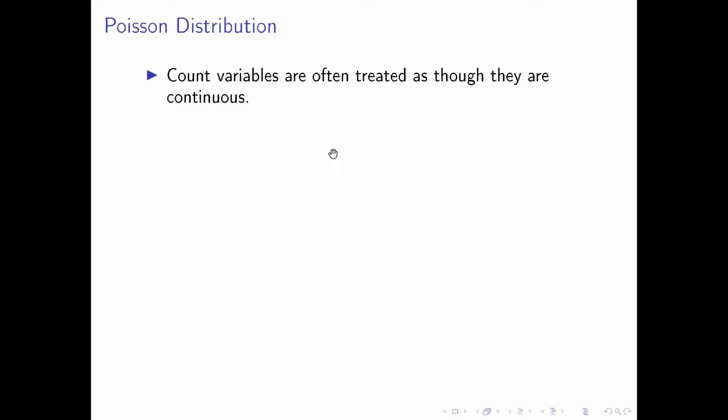So let me elaborate on Poisson distribution. Poisson distribution and Poisson regression models are used to model or predict count response variables. And the count variables are often treated as though they are continuous variables.